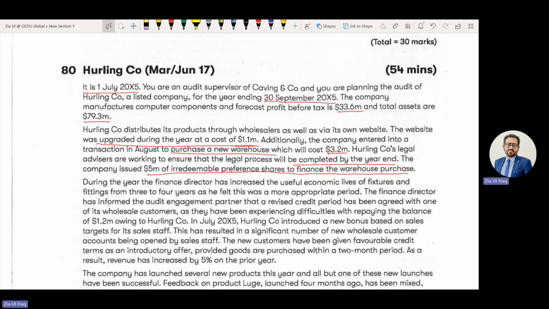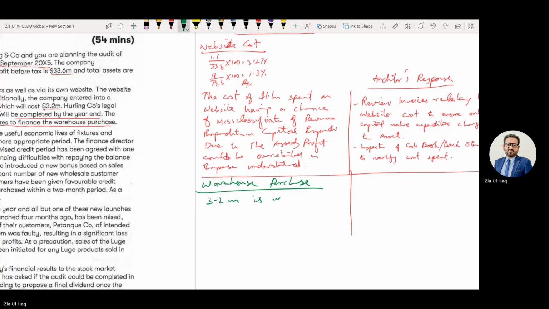How much is that? 3.2 million is what percent of total assets?